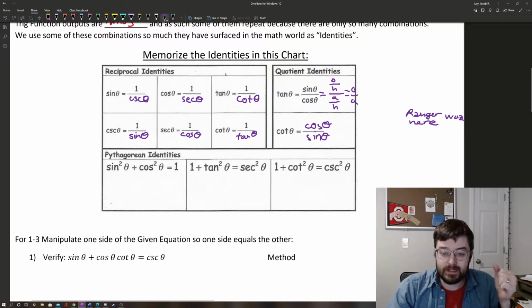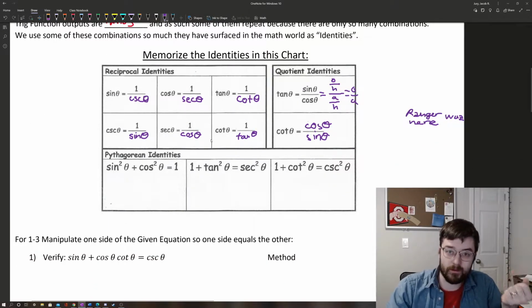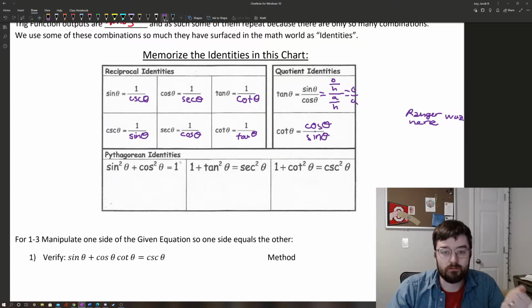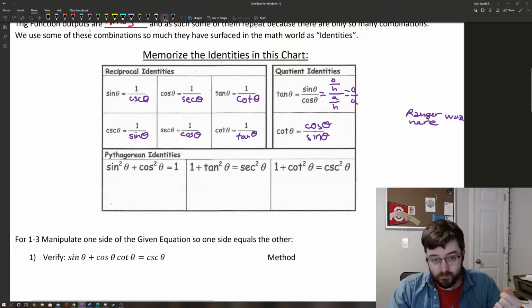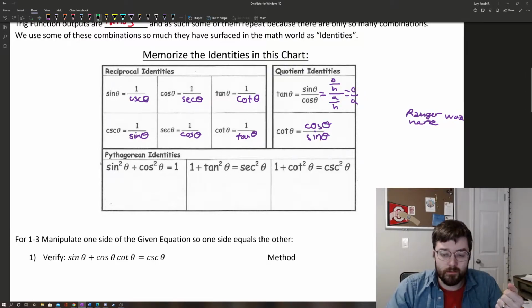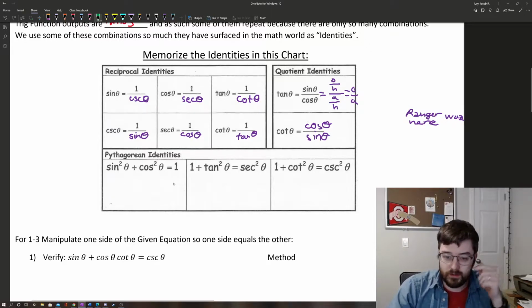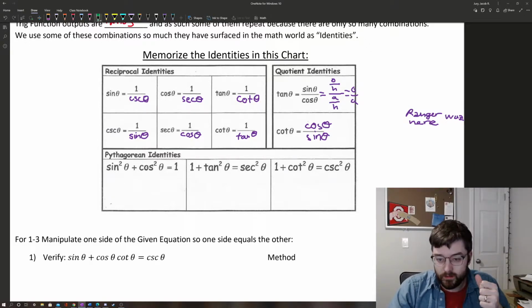With Pythagorean identities, these are the complex ones because they involve squaring trig ratios and functions. So when we look at these Pythagorean identities, they are all describing some sort of Pythagorean relationship.